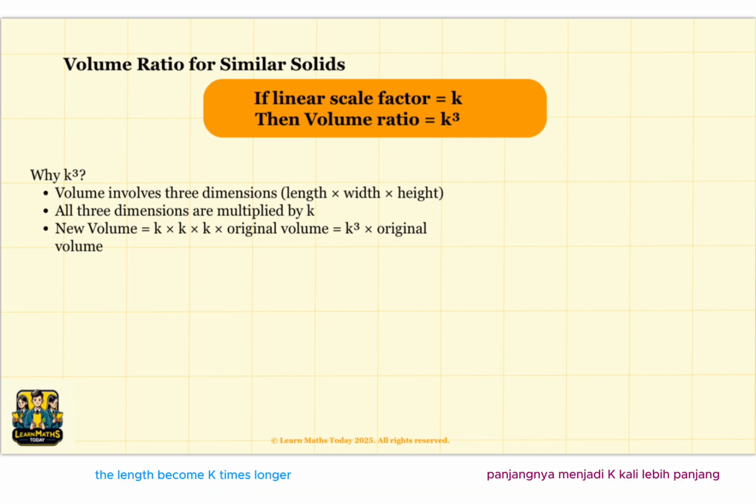The length becomes k times longer, the width becomes k times wider, and the height becomes k times taller. So the volume equals length times width times height, and the new volume becomes k times length multiplied by k times width multiplied by k times height. When we multiply all this out, we get k multiplied by k multiplied by k multiplied by the original volume, which is equal to k cubed times the original volume.